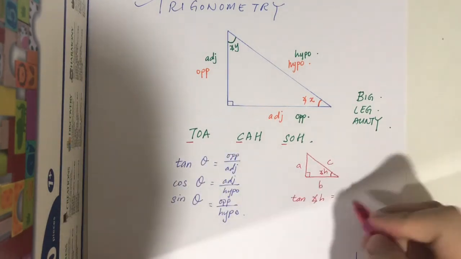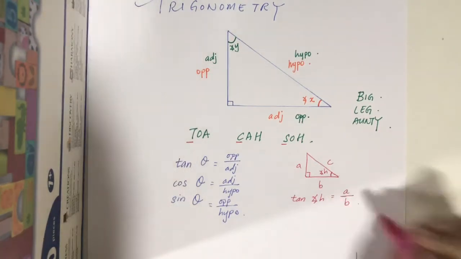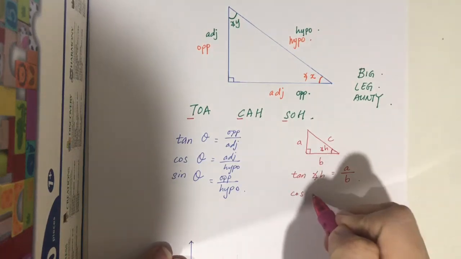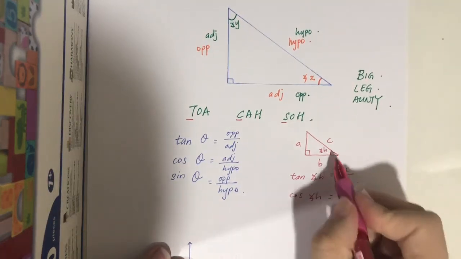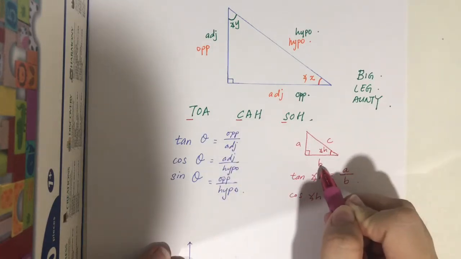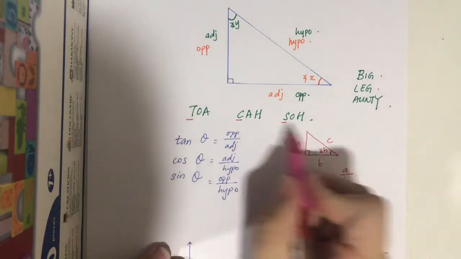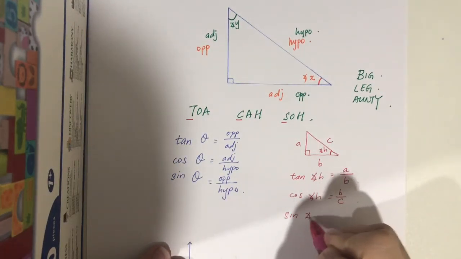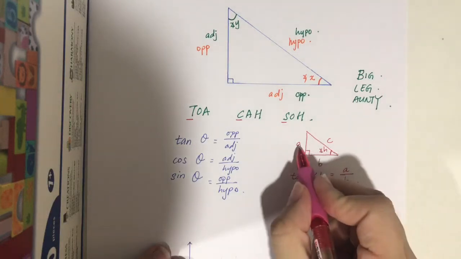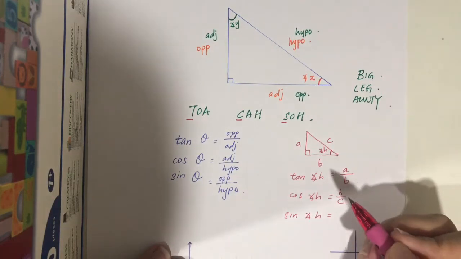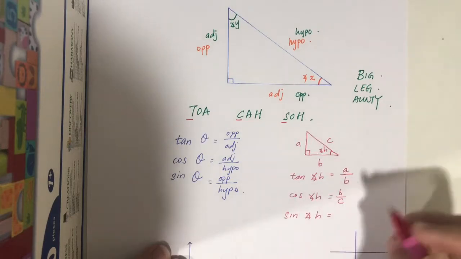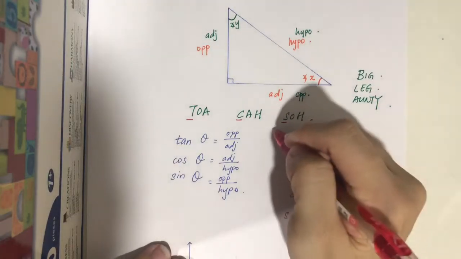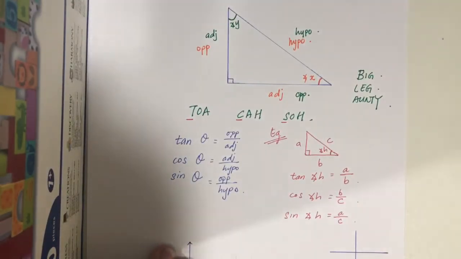So opposite is A, over adjacent is B. Then for cosine of angle H, it is adjacent over hypo, CAH. So adjacent is B, hypo is C. Sine of angle H will be opposite over hypo, SOH. So opposite is A, hypo is C. This is the example of the application.